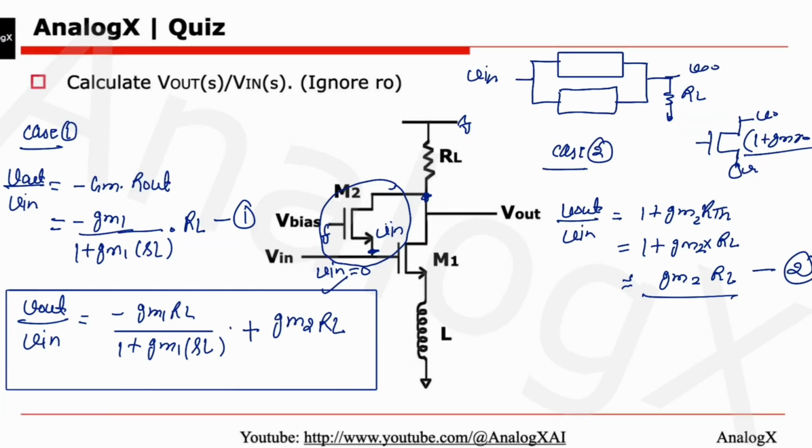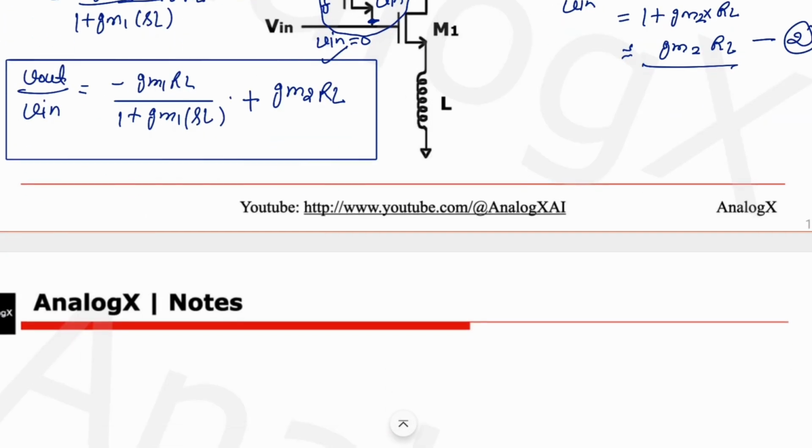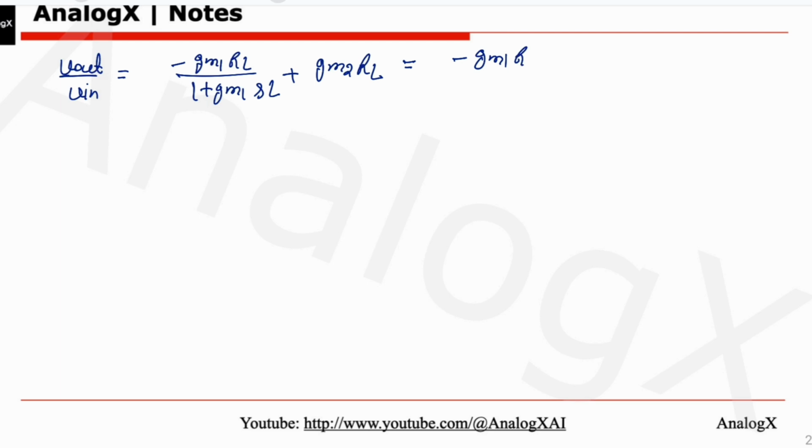Now we will analyze this circuit further. We got our expression as V out by V input equal to minus Gm1 RL divided by 1 plus Gm1 RS plus Gm2 RL.